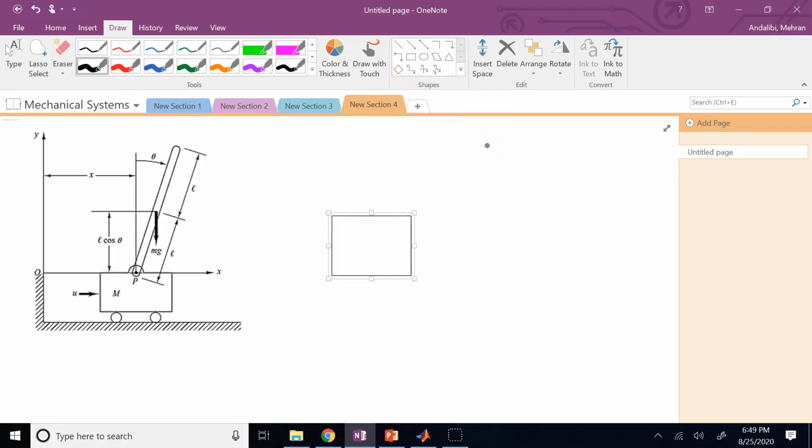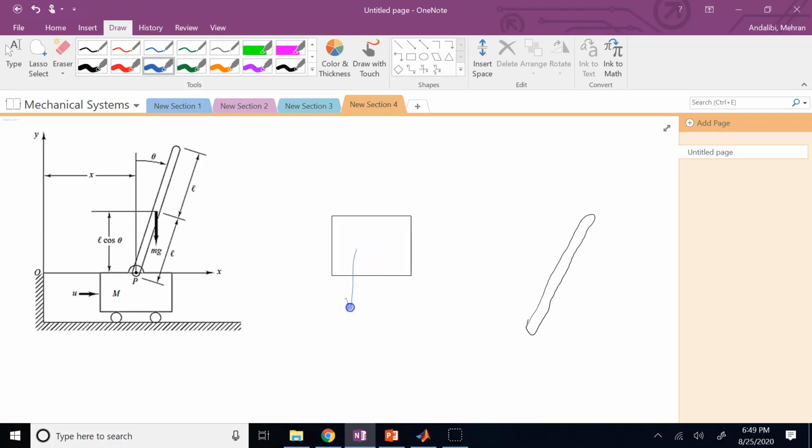Let me draw the pendulum actually. So the pendulum is like this. So what forces are acting on them?